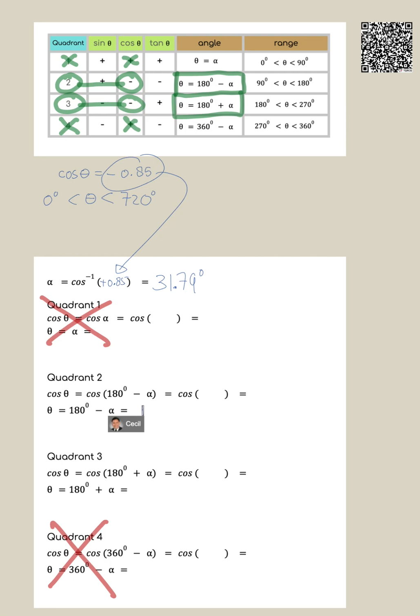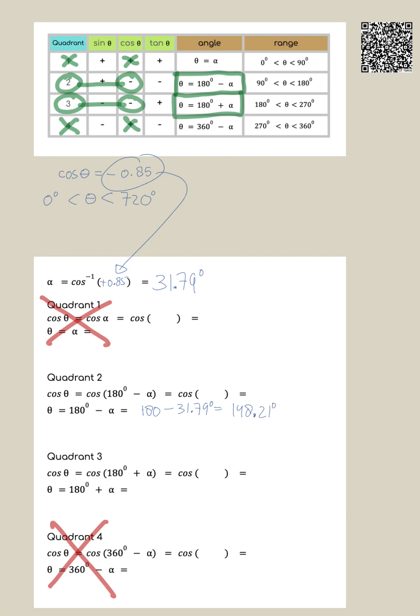So we just put it in here, 180 minus 31.79. Just use the calculator. That would be 148.21 degrees.